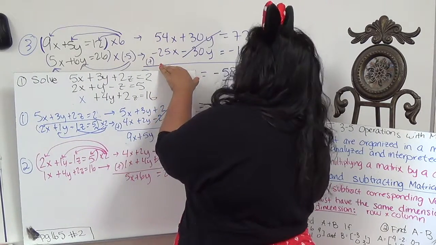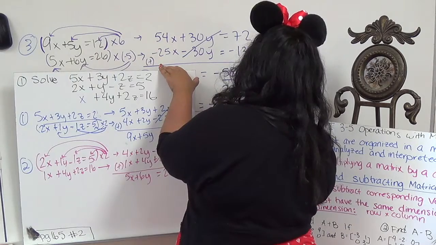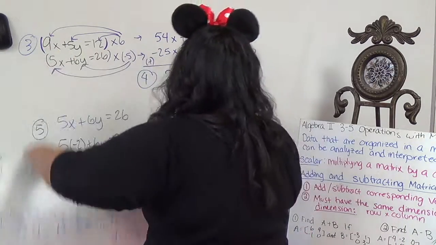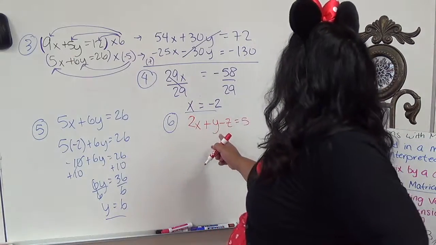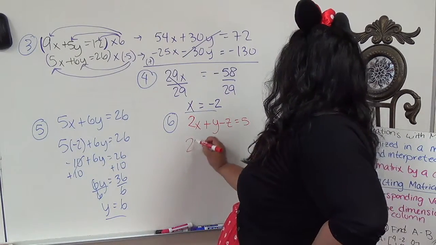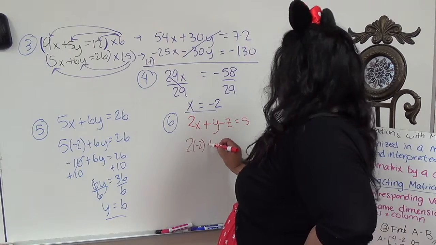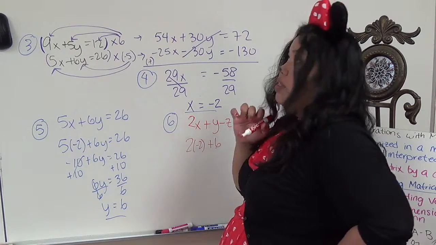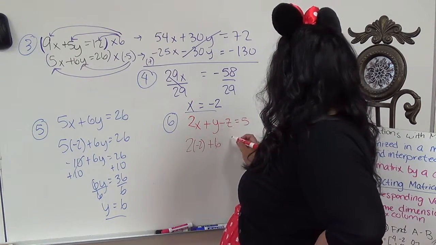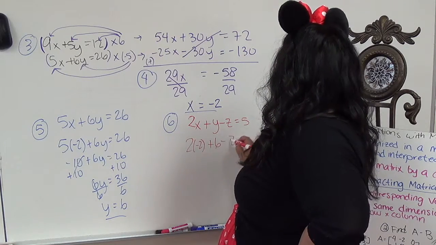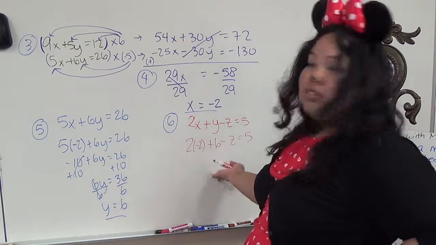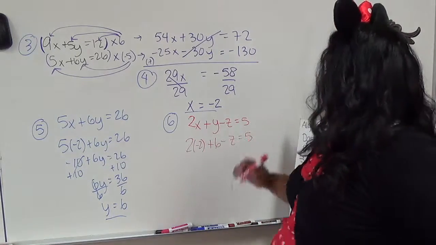2x plus y minus z equals 5. So we already have x, we already have y. Now all we need is to solve for z. So 2 times -2 plus 6, sorry about that, minus z equals 5. Now I only have one variable and I can solve.